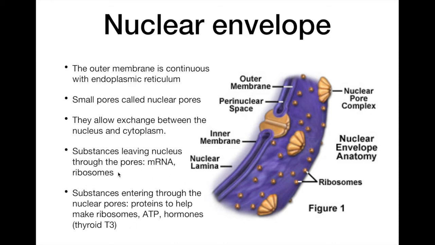Now you will ask, why do ribosomes go in? Ribosomes are made of two units, a small subunit and a larger subunit, and rRNA. This rRNA is transcribed, we will see later what that is.